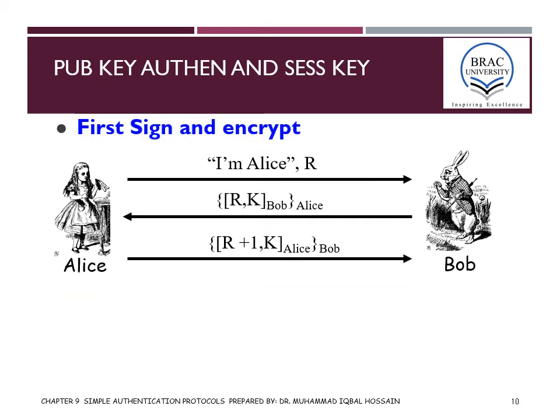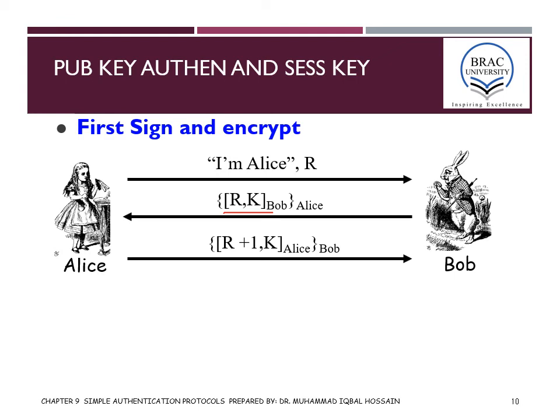Let's think about this one. We'll first sign that message and then encrypt it. So Alice says I am Alice, with a random challenge. Then Bob will first sign that message with his private key and then encrypt it with Alice's public key. So what will Alice do?